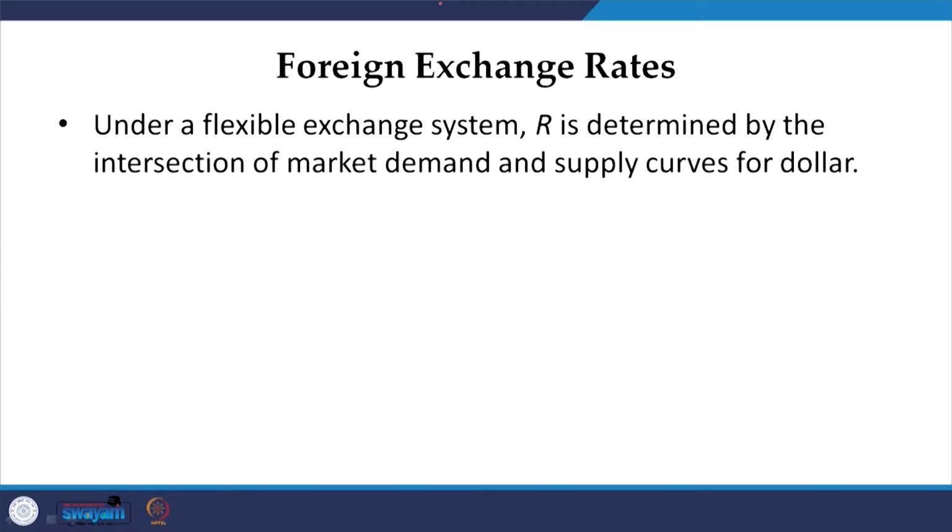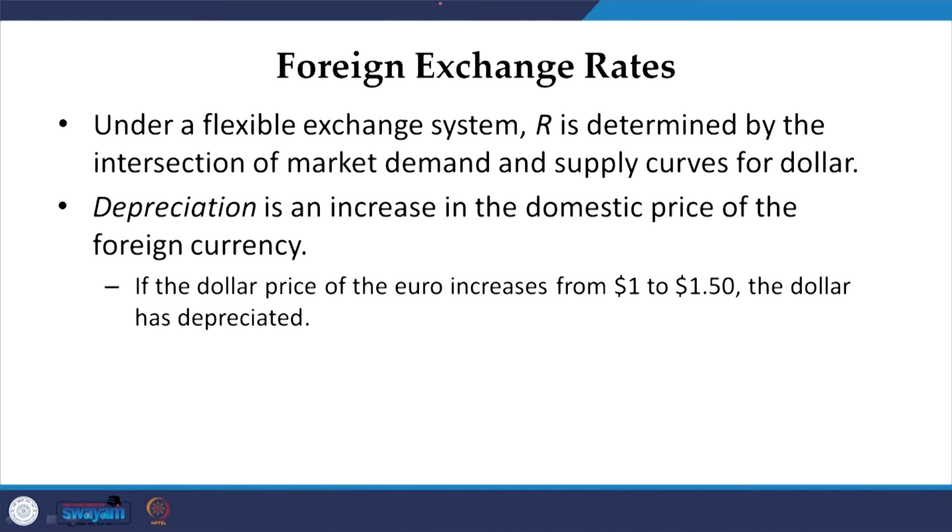Now, under a flexible exchange rate system, R is determined by the intersection of market demand and supply curves for dollar, or we can say rupees. If you are taking the demand and supply of rupees, then that will be the exchange rate related to rupees. Now, if you are sticking to dollar, then accordingly the demand and supply of dollar is to be defined.